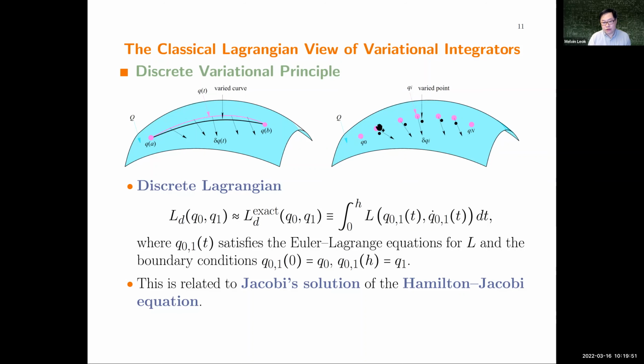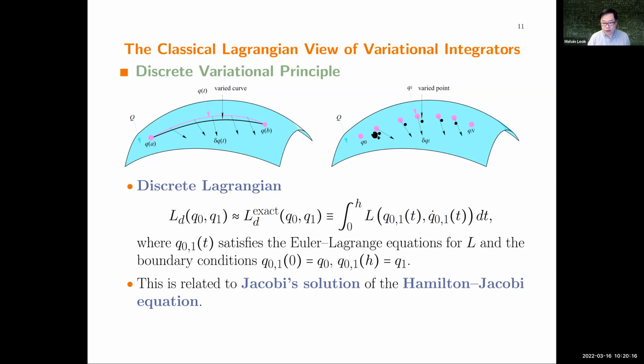You just have an action integral with two nearby points, and that is what's called the exact discrete Lagrangian. It's the action integral evaluated with those two nearby points along a curve which satisfies the Lagrange equations, which are the actual equations of motion.